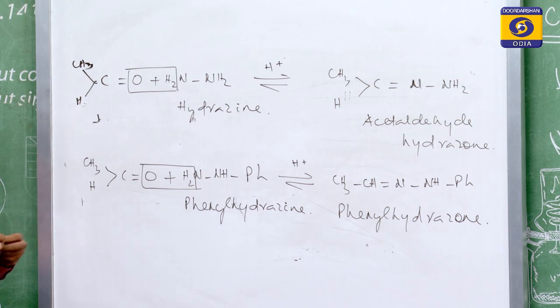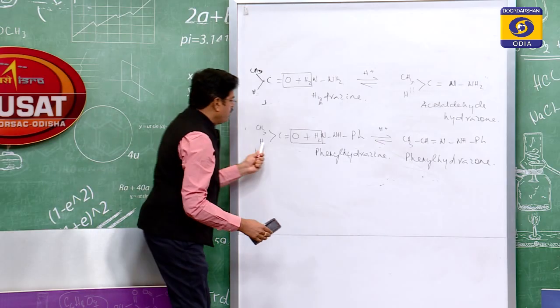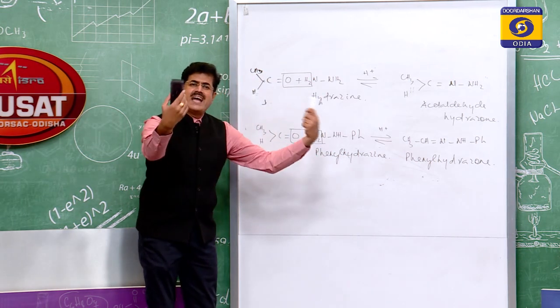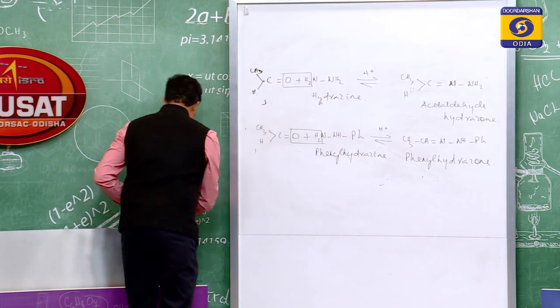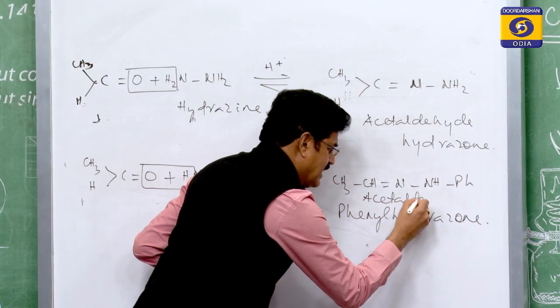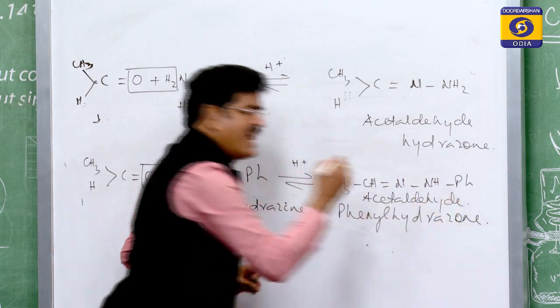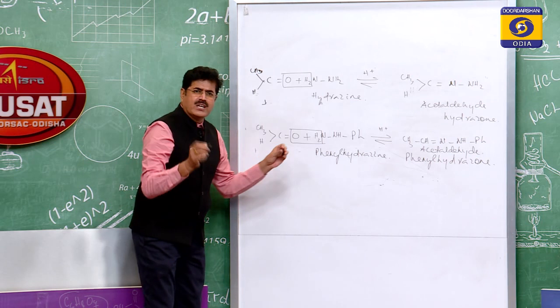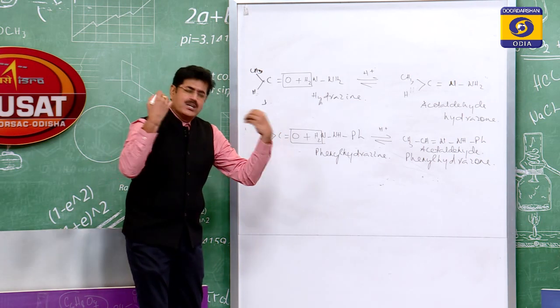This is phenylhydrazone. If you are using acetone, it also gives the same type of product, that is acetone phenylhydrazone. Here it is acetaldehyde phenylhydrazone. In place of acetaldehyde, if you use acetone, it gives acetone phenylhydrazone.